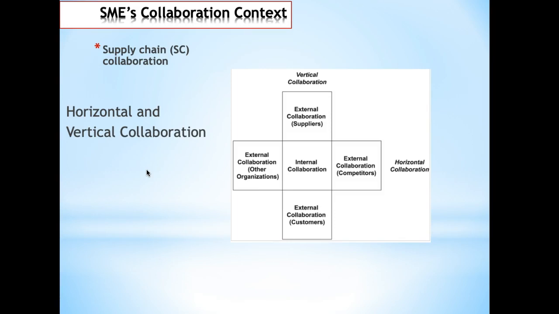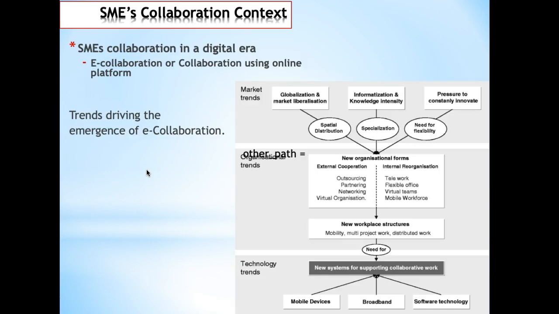When it comes to vertical collaboration, it involves companies that are not in the same field, but they work together to serve the same customer. It can be one company with its supplier, or the one that supplies it materials. So these are two types of collaboration in the supply chain.